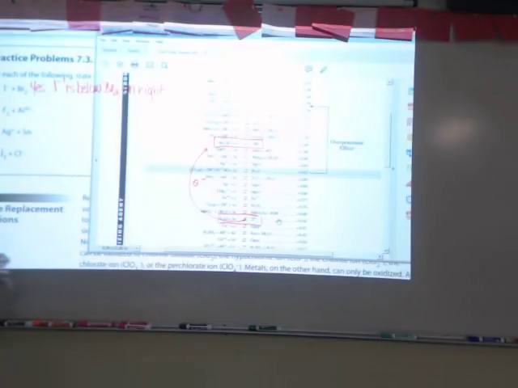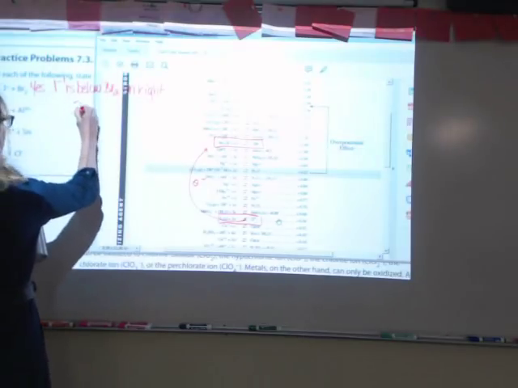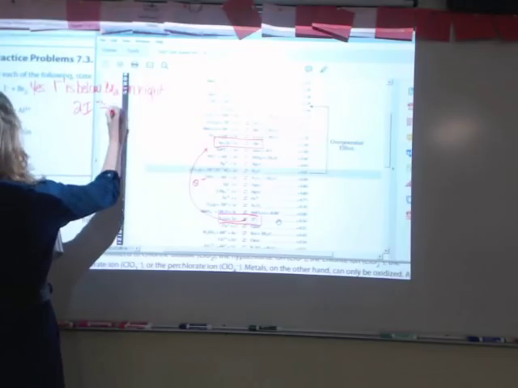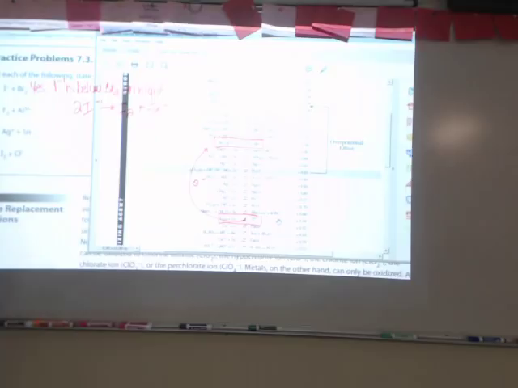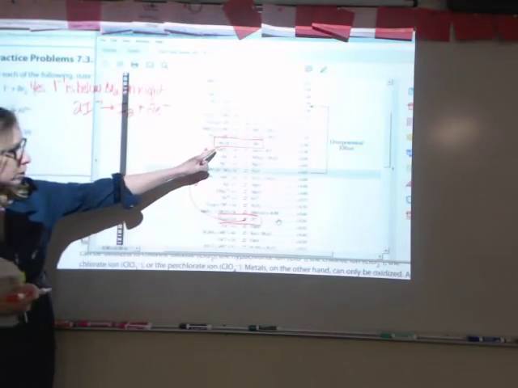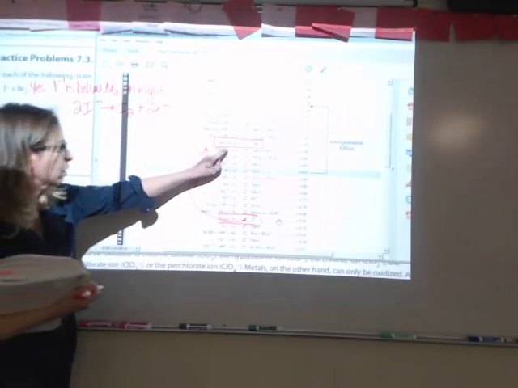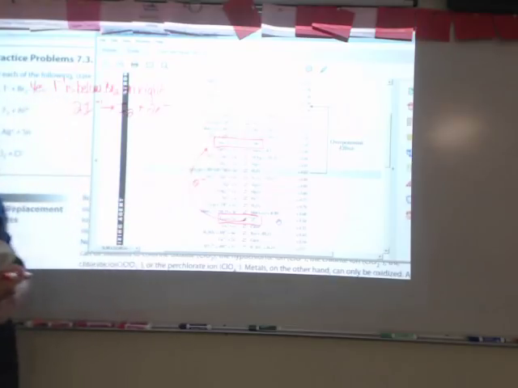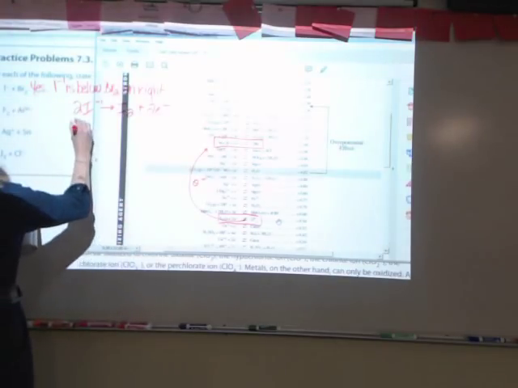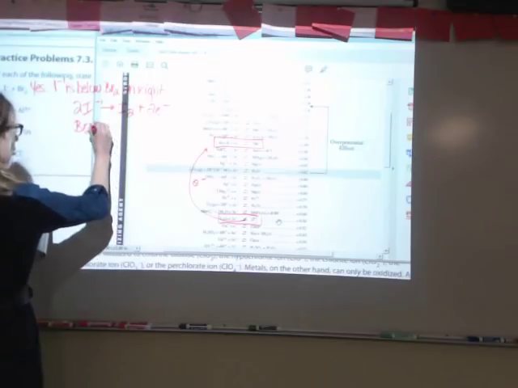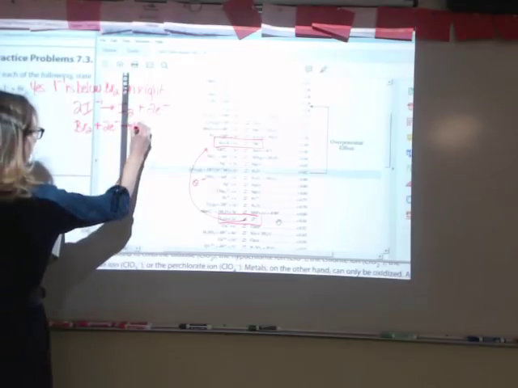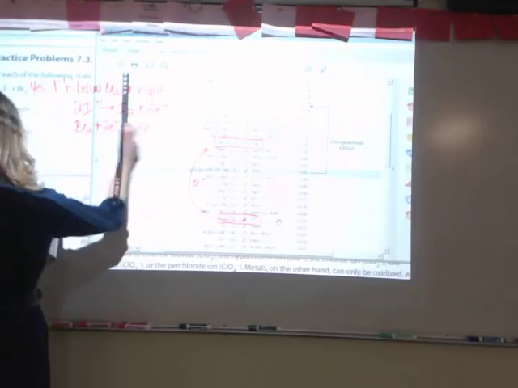So when we do this, we're going to write it as 2I negative going to I2 plus 2 electrons, and then you're going to leave the order of this half reaction the way that it is because it is accepting the electrons. The electrons are on the reactant side. So it's Br2 plus 2 electrons going to 2Br negative.